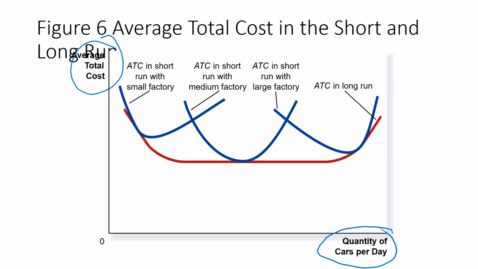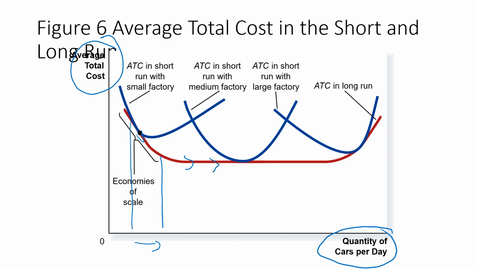So in the long run, the average total cost will touch the minimum of all these three curves, and you see initially it has the same U shape, but now the U shape is spread over the quantity, and we can see that initially we have economies of scale. The more output we want to produce, the average total cost in the long run is declining.